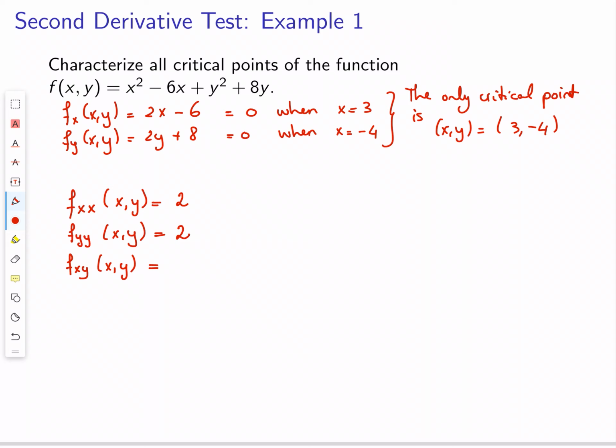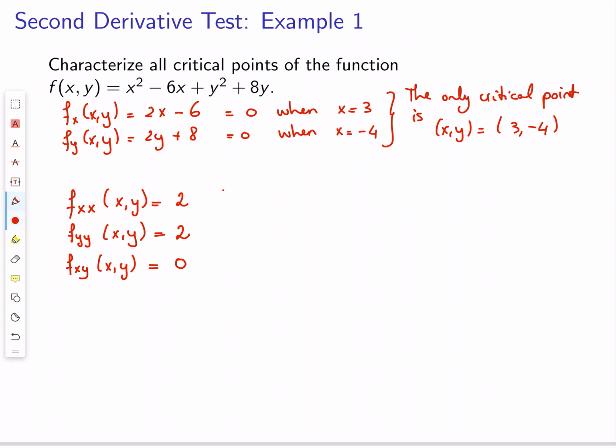We could either take the derivative of f sub x with respect to y. Well, that's going to be 0 because f sub x doesn't depend on y. It is 2x minus 6. There's no y's there. So as far as y is concerned, 2x minus 6 is just a constant, and the derivative is equal to 0. Now you could have also taken the derivative with respect to x of f sub y, and then you would still end up with 0.